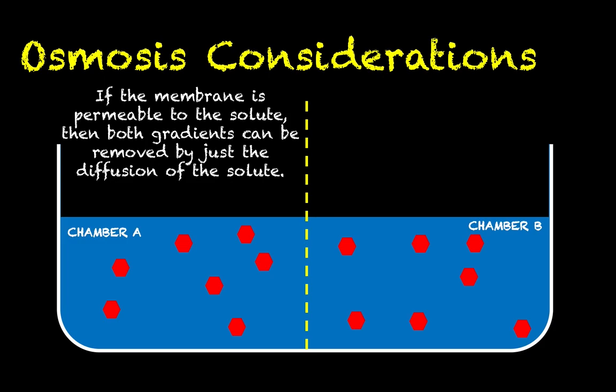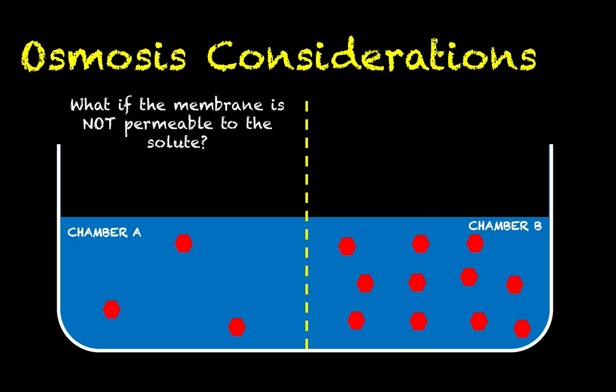There would only be a concentration gradient for water if there is a solute concentration difference across the membrane, and clearly there is not. So this is an example of a case in which osmosis does not need to occur because we can address the water gradient by moving the solute instead.